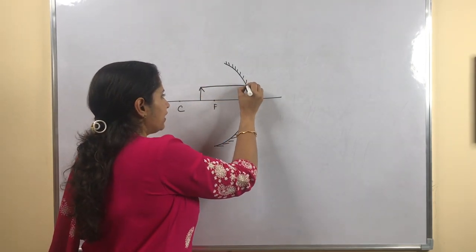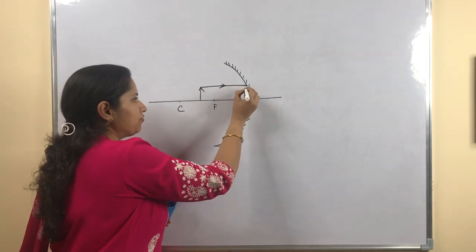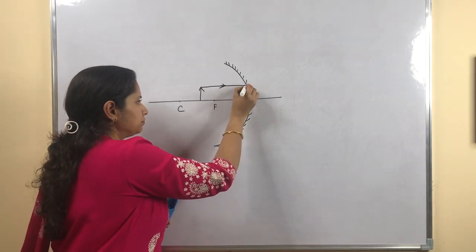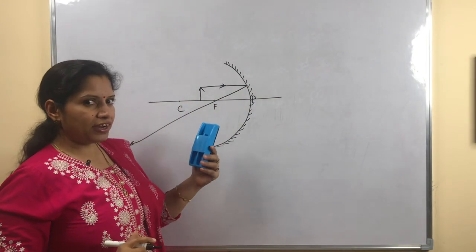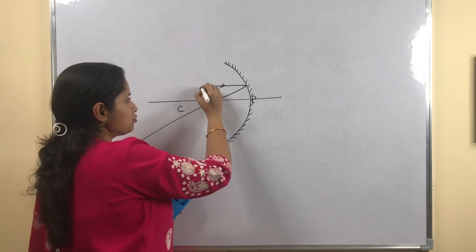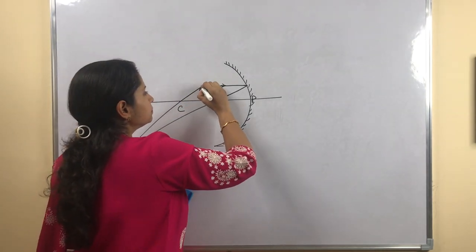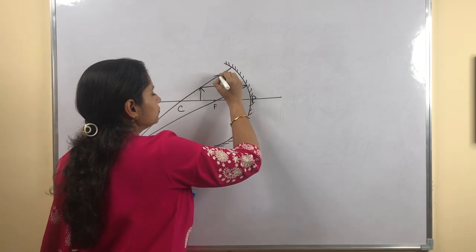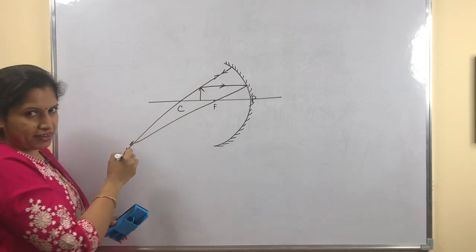One of the rays of light that is coming parallel to the principal axis, after reflection will pass through the focus, and another ray of light that is passing through the center of curvature, striking the mirror, reflects back in the same direction only.